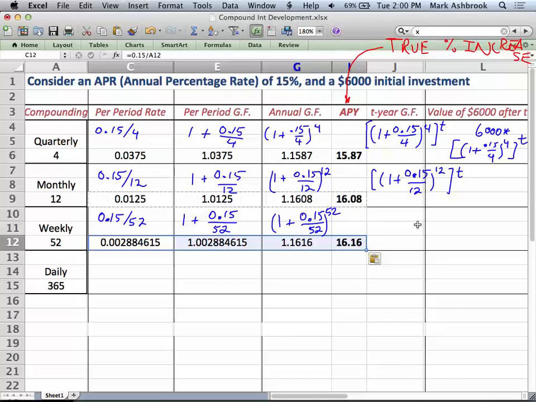Okay? APY 16.16, is that right? T-year growth factor. Jared. You take that annual growth factor and bring it to the power of t.